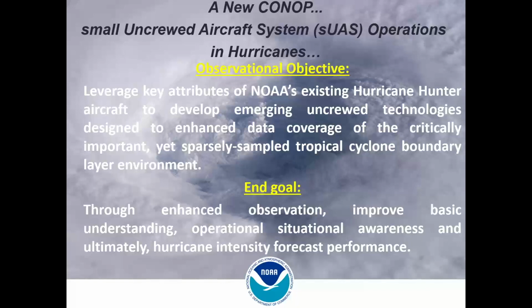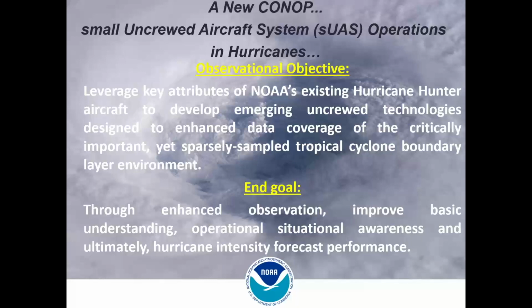So the goal is to really improve our understanding always first. Operational situational awareness, fancy way of saying get this data to the operational forecast as quickly as possible. Through that improved understanding, get better models, improve the physics. Jun's sitting here next to me. He's used this data and is using this data to improve the boundary layer physics of the models.